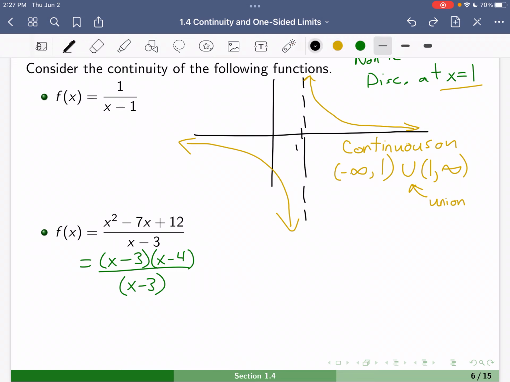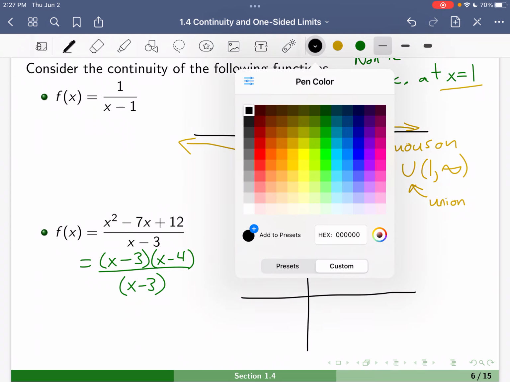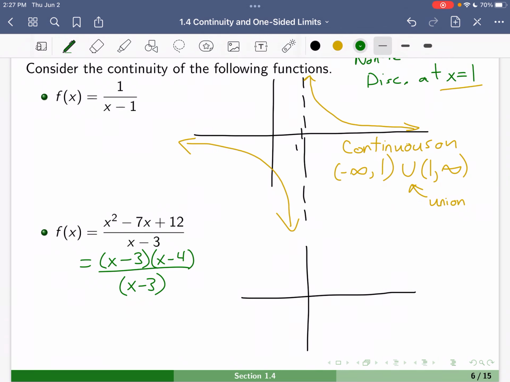What does the picture of this function look like? Since that factor at 3 would have canceled out, that tells us there is going to be a hole, a removable discontinuity, at x equals 3.